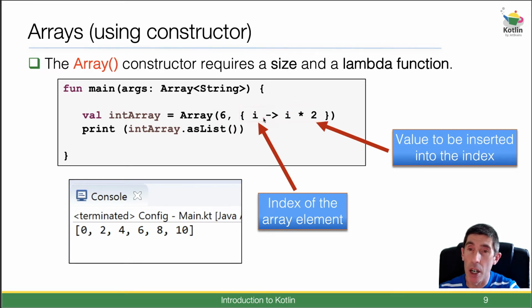Whatever i happens to be, we start with i initialized to 0, and we multiply by 2 every time. So if we print out that list, this is what we get: 6 elements, 0, 2, 4, 6, 8, and 10. But like I say, we will come back to these lambda functions and lambda expressions later on.